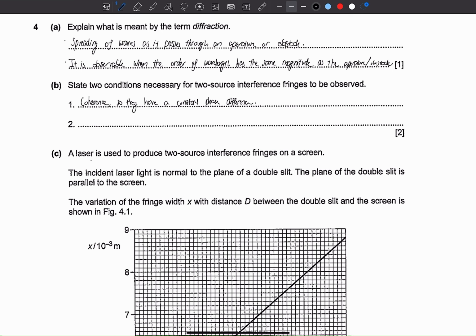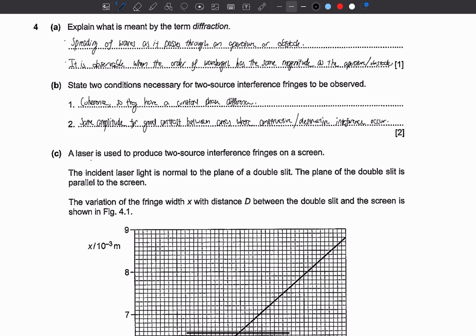The waves should have the same amplitude for good contrast between areas where constructive or destructive interference occur.